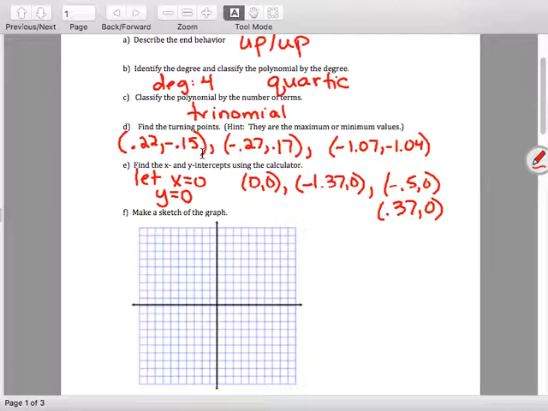I know my end behavior. I know this is going up, up. And if I find the turning points, the x and y intercepts, I'm going to estimate them on my graph. So I have 0, 0, negative 1.37, so that's not quite to 1.5 on the left, negative 0.5, yikes.